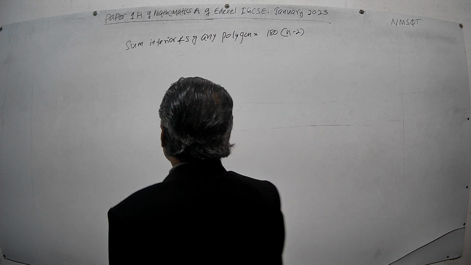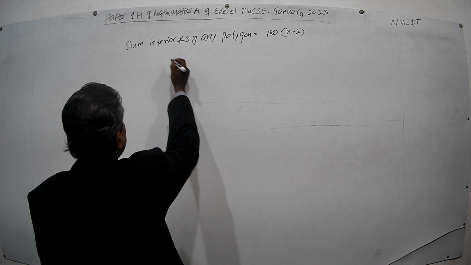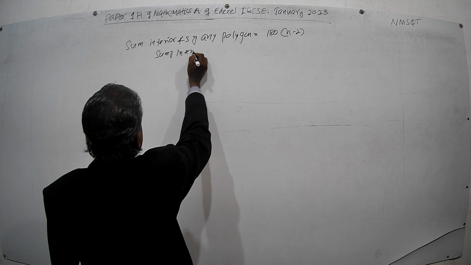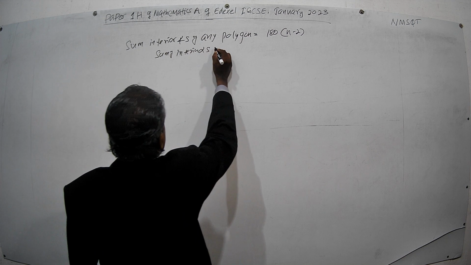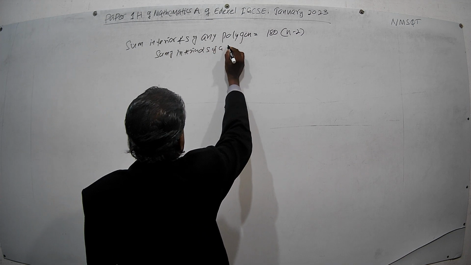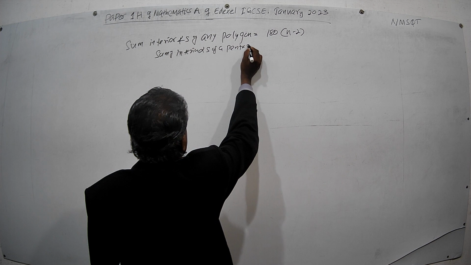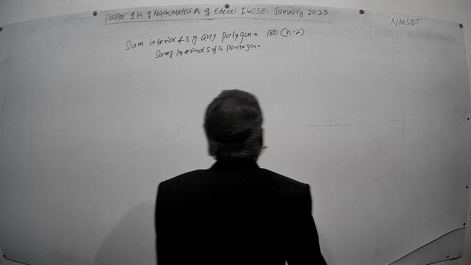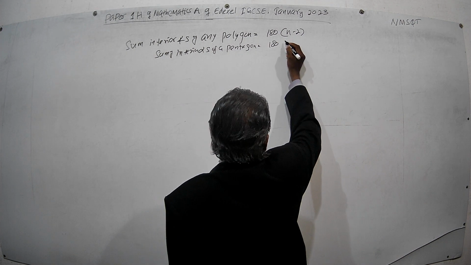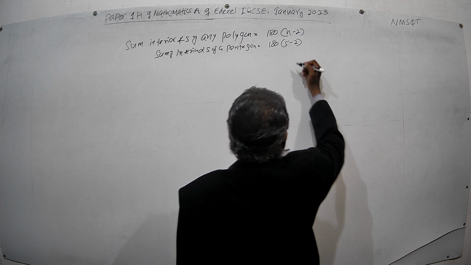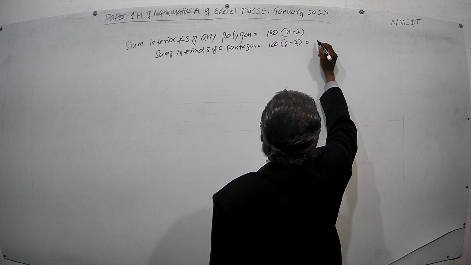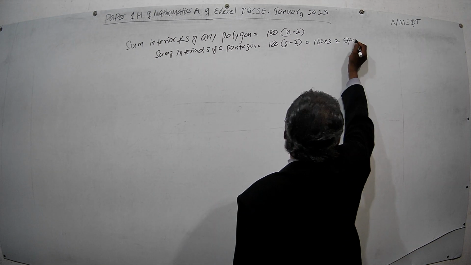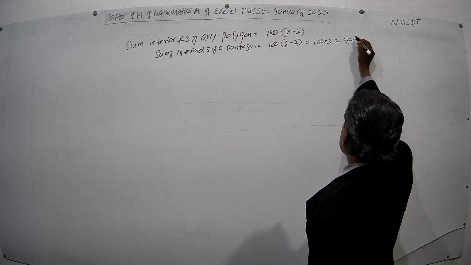Now write the sum of interior angles of a pentagon. In a pentagon there are 5 sides. Substitute 5 for n. Then 180 into 3, that is 540. That is the sum of interior angles of a pentagon.